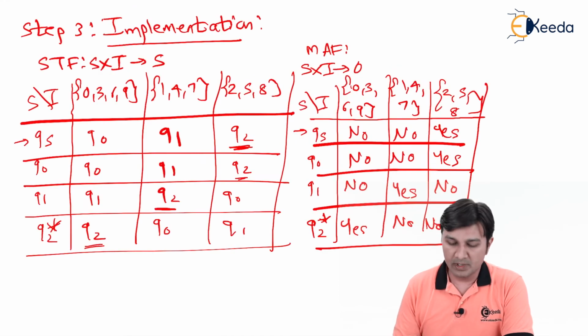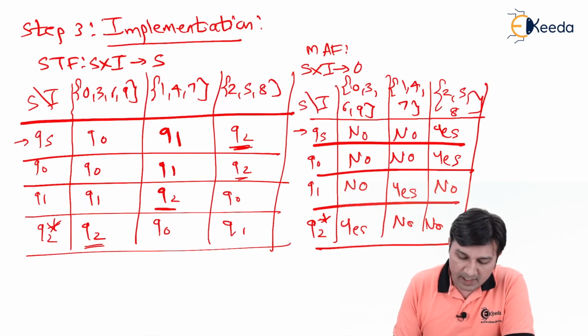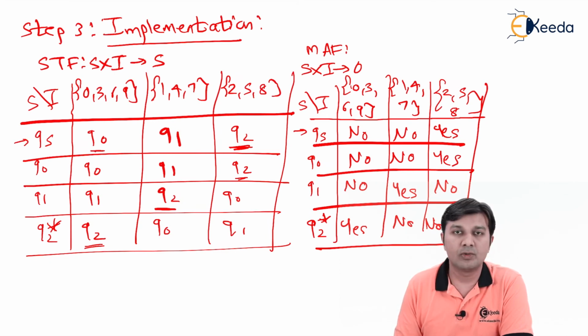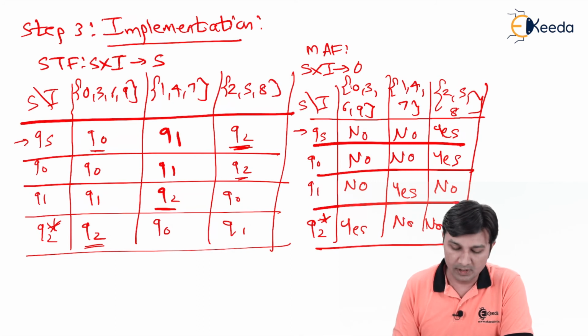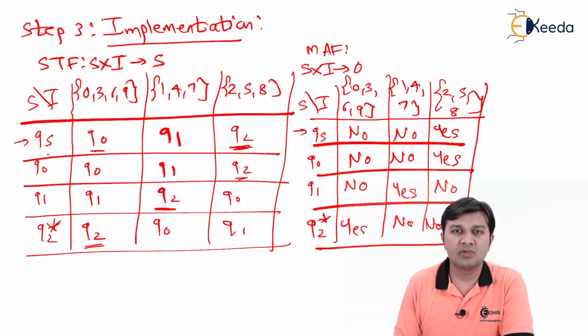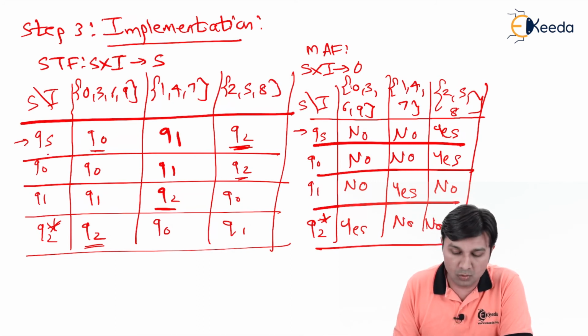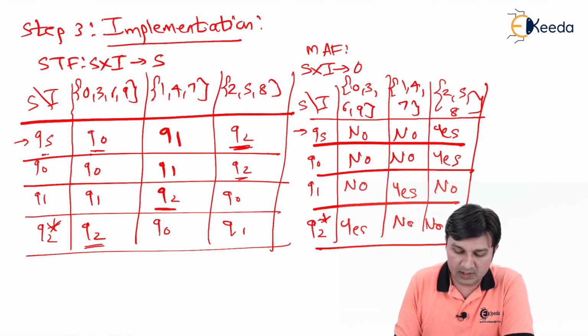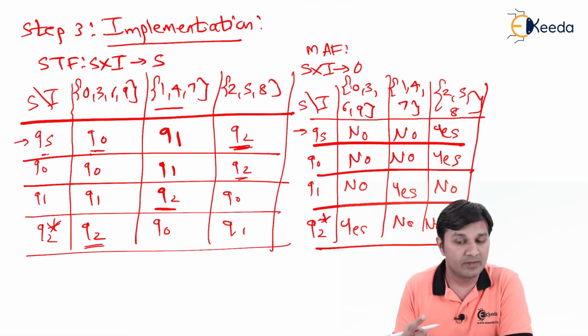So coming on to step number 3, if you observe over here, can I say QS on receiving input symbol 0369 is going to state Q0? That's how you read the state function. QS on receiving either 0 or 3 or 6 or 9 goes to Q0. QS on receiving either 1 or 4 or 7 goes to Q1, so on and so forth.